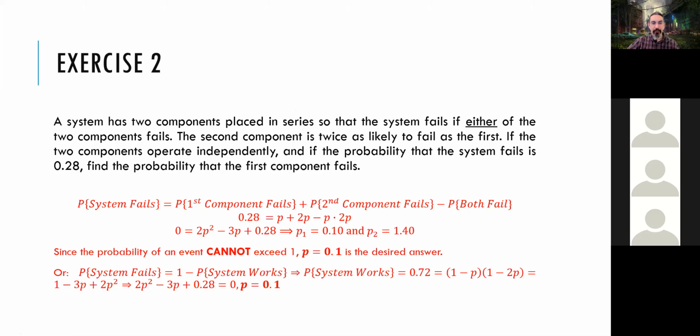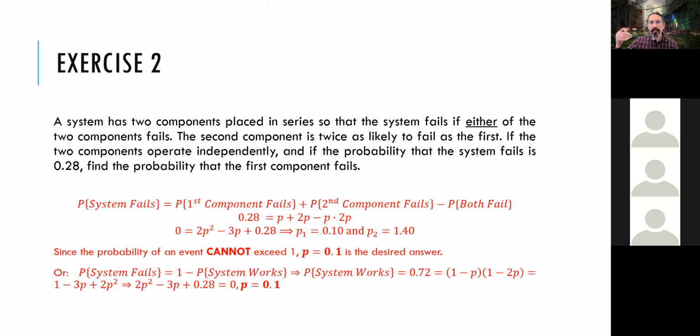We are looking for the probability that the system fails, or the probability that the first component fails. We know that there is a probability of 0.28 that the system will fail. Let's just go from where the system will work, because I already know that the first component will fail with probability P, and the second one will fail with probability 2P.